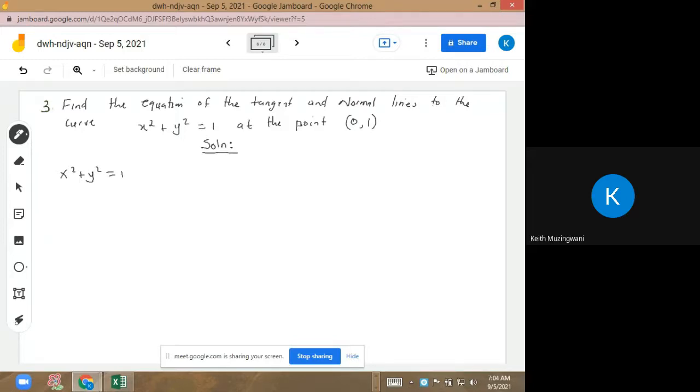Implicit, we said, you differentiate x squared, you get 2x. You differentiate y squared, using the power rule, you get 2y. But because you are looking for dy/dx, when you differentiate y, you write dy/dx. If you differentiate 1, we get 0.